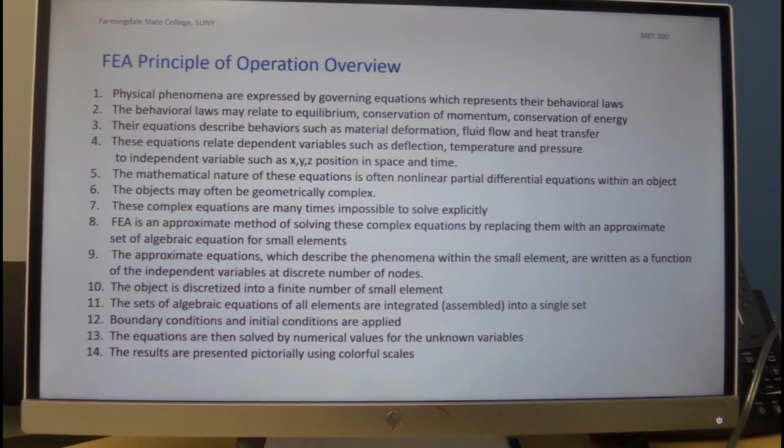The process in a little more detail starts with the fact that physical phenomena are expressed by governing equations which represent the behavioral laws. The behavioral laws may relate to equilibrium, conservation of momentum, conservation of energy.